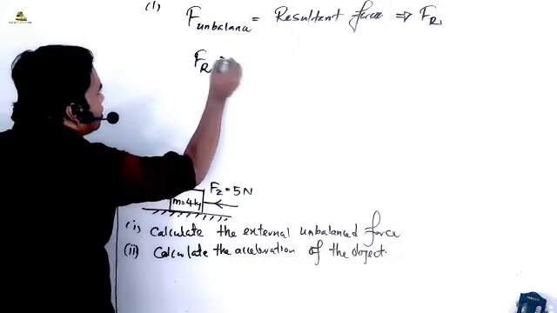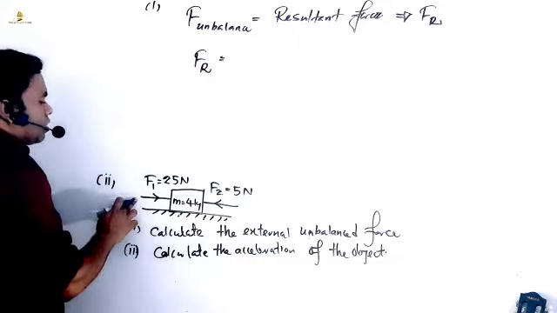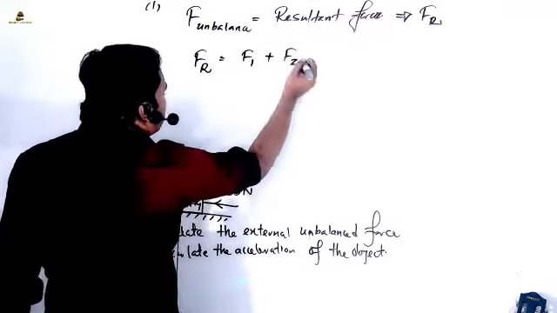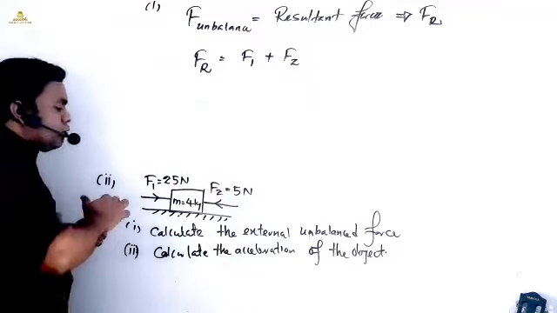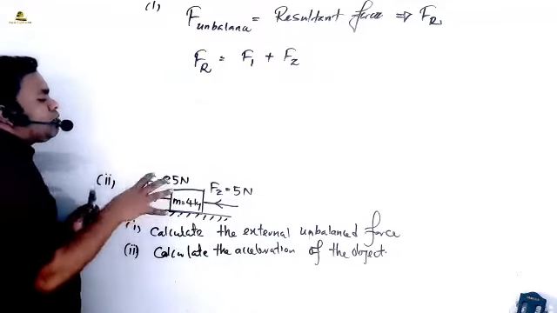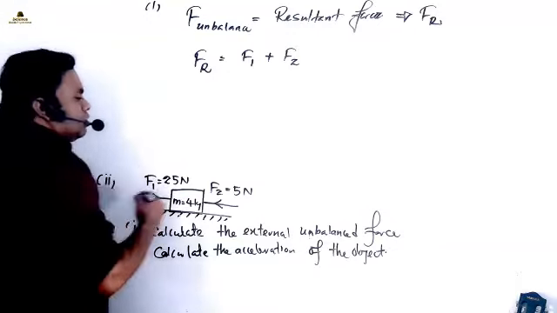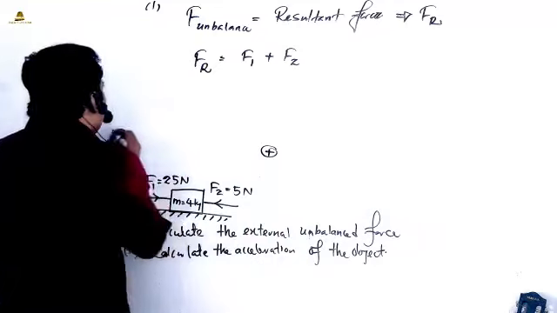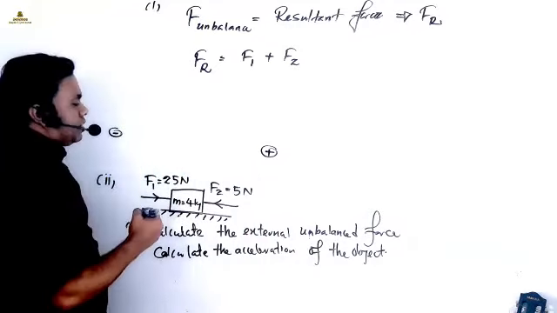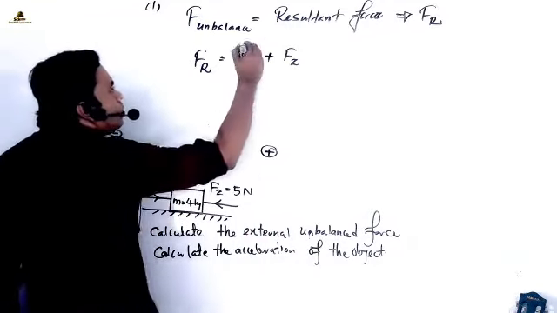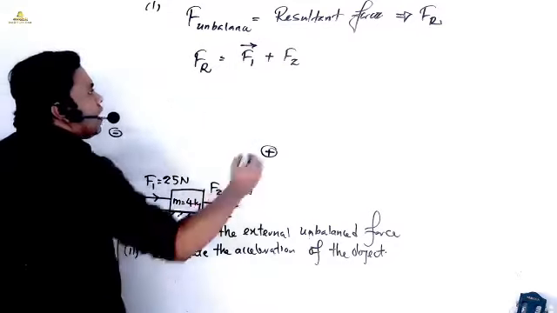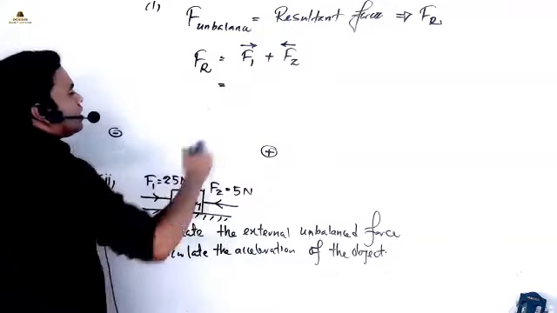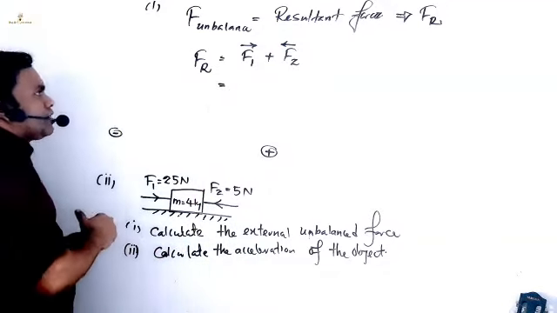F resultant equals F1 plus F2. But this force is a vector quantity, therefore you have to consider the direction. Usually you consider positive direction your right hand side and negative for your left hand side. This F1 force is to the right and F2 force to your left. Therefore, you have to consider that direction when you substitute values.